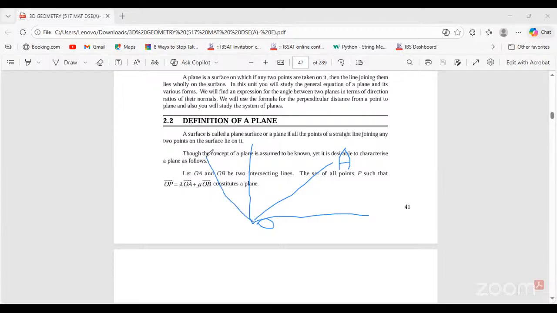These are intersecting at point O. Let OA and OB be the two intersecting lines. The set of all points P such that OP can be written as lambda OA plus mu OB constitutes a plane.